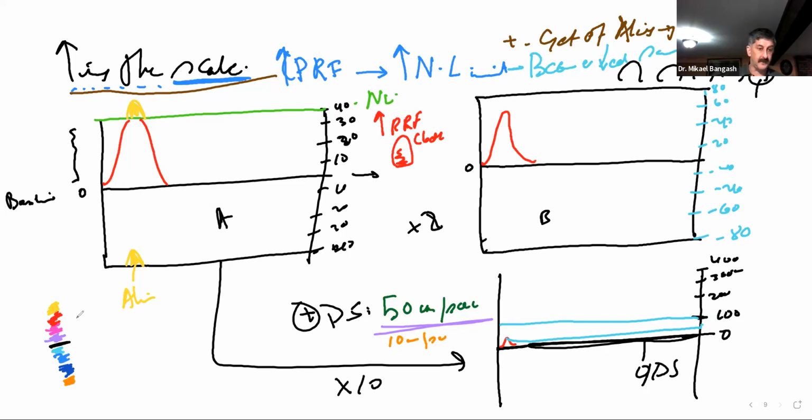If we had a Doppler shift, in this case, this yellow up here was 40 centimeters, and this here was minus 40.